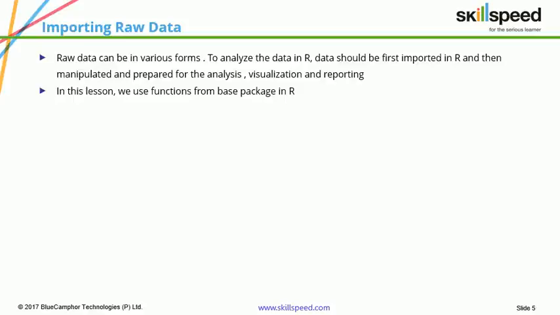Read.csv and read.csv2 are the comma separated values with period. Read.csv can be used to read a comma separated file with period as decimal separator, whereas read.csv2 can be used to read a semicolon separated file with comma as decimal separator.